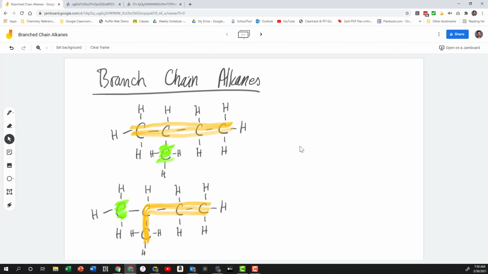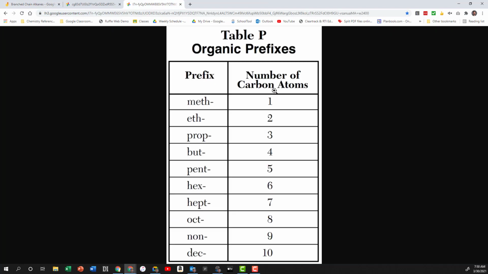Okay, so we call this little group, because there's only one atom in it, a methyl group. Why is it a methyl group? Because when we look at the reference tables, there's only one carbon atom in that group, and meth corresponds to one carbon atom.